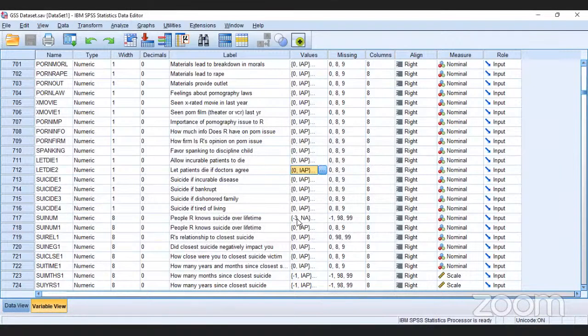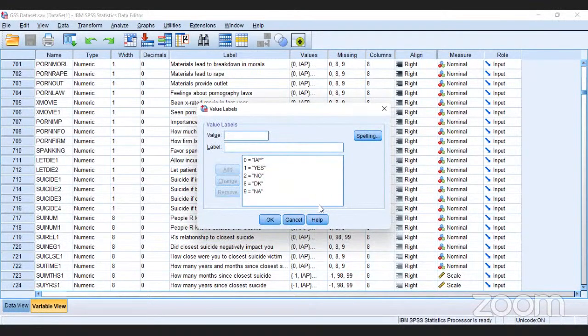Or let patients die if doctors agree. It's a yes or no. Suicide if incurable disease, you have yes or no.